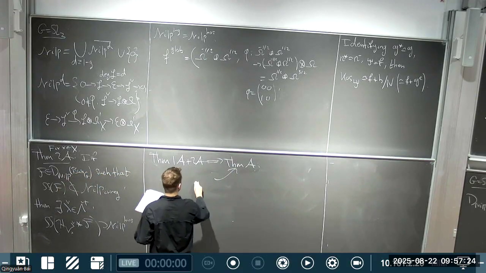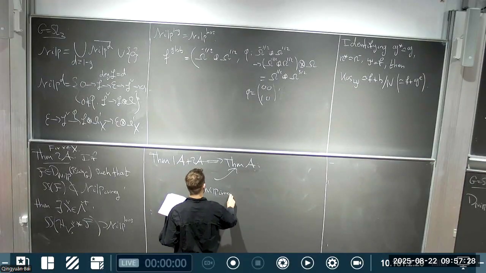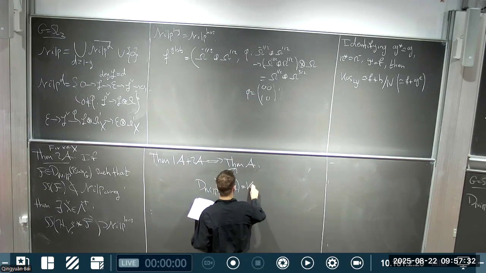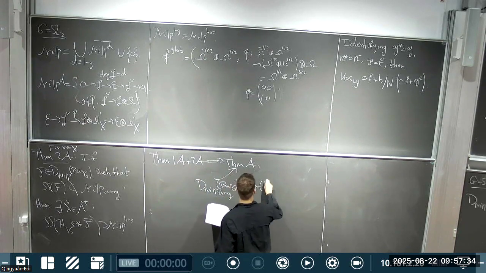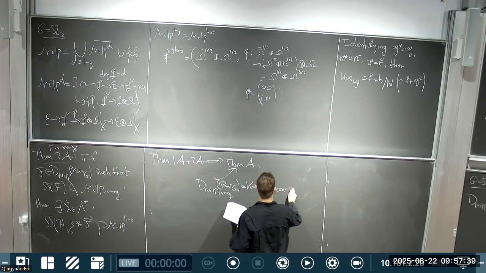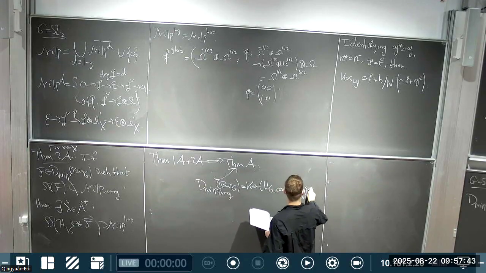This is the assertion that D nil direct on G is the kernel of the course functor restricted to D nil.